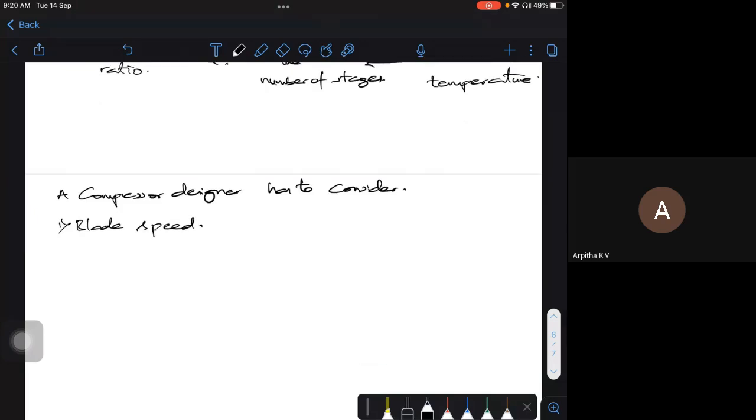Then the second thing is the axial velocity of the fluid.